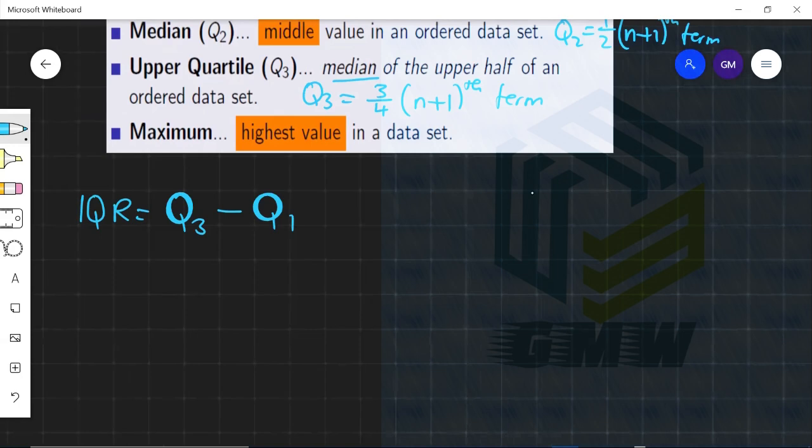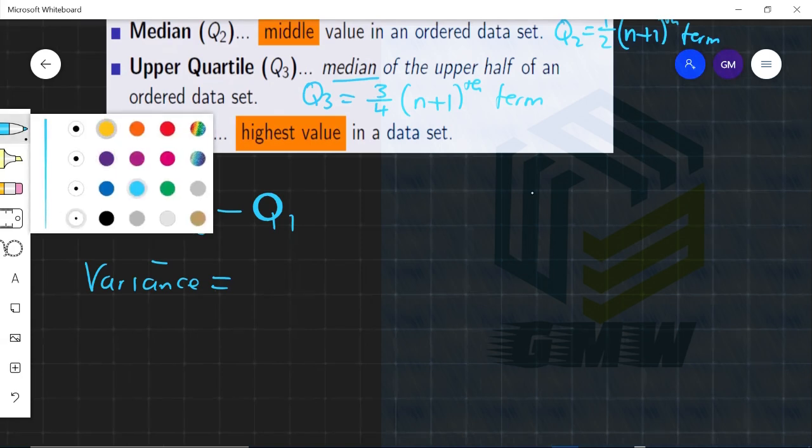Then, on variance and standard deviation, there are formulas, but we don't use them because much of the job is done in a calculator.